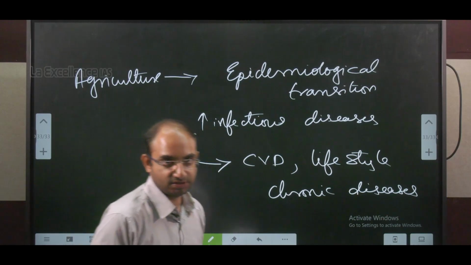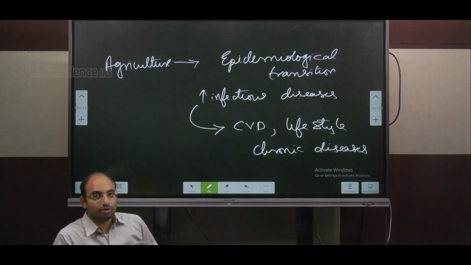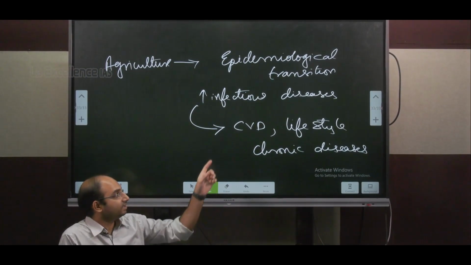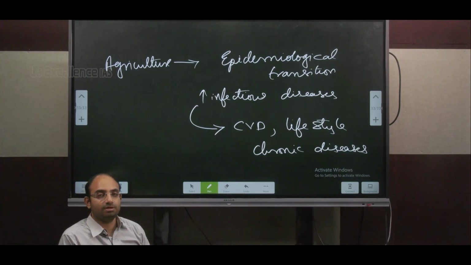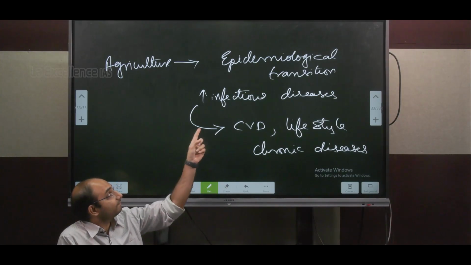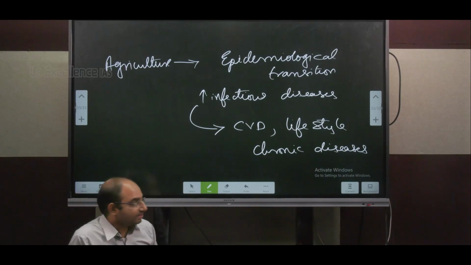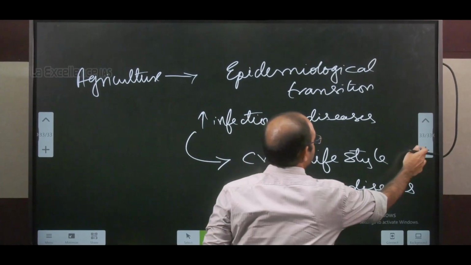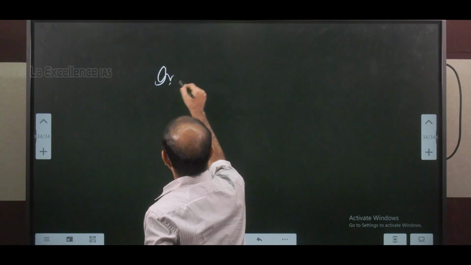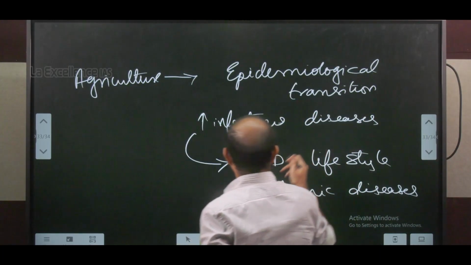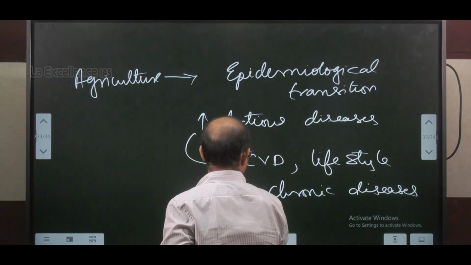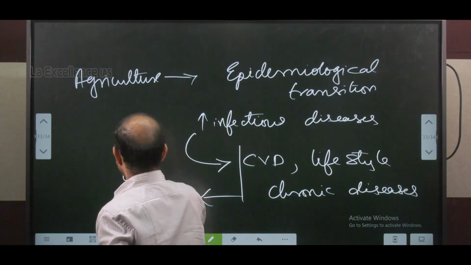So cancer and CVDs, for example, increase in number over the traditional infectious diseases as societies become more and more surplus economies. And then slowly, when you go to industrial societies, one of the reasons for the prevalence of CVDs and lifestyle diseases is diet.